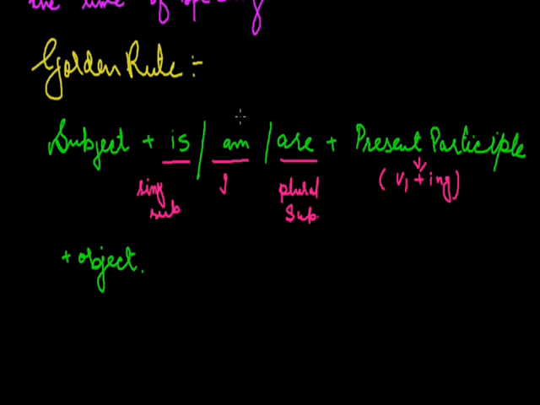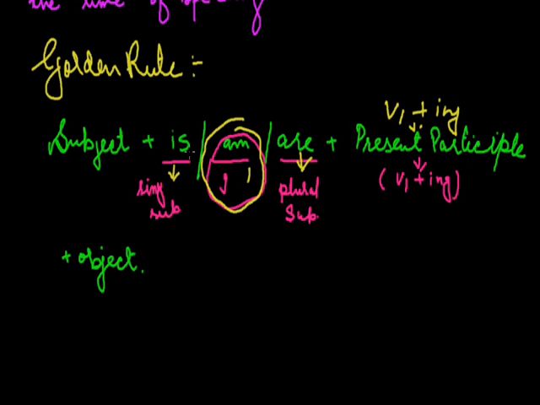I often say that am says I is my best friend, I go with I only, and is is the best friend of singular subject, and are always goes with plural subject, and then we use verb 1 plus ing, it is called present participle, right? And an object, simple. Now shall I proceed? Yes.